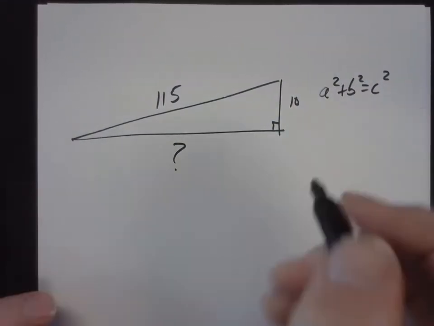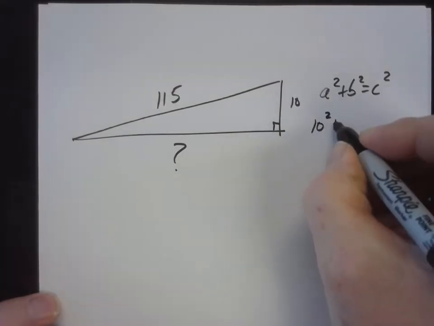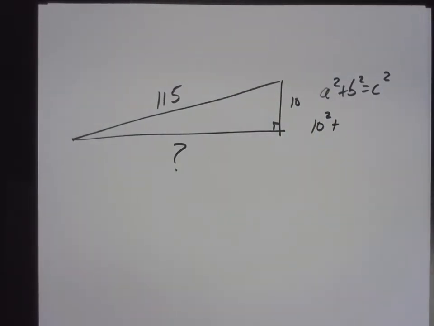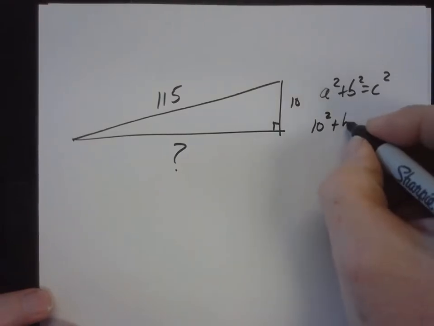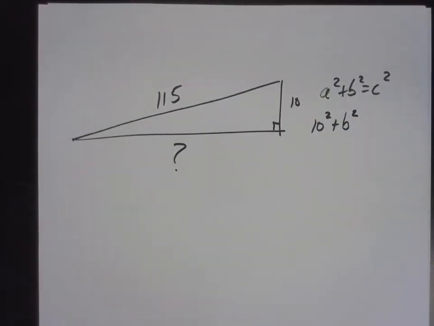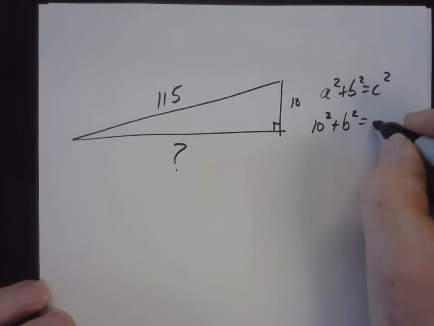You want it to be 10? Okay, 10 squared. Plus, what's b? That's the one we don't know. Does it matter which is a and which is b? You all understand that? You've done it before? Who's done that before? All right, good. And then c has to be 115, doesn't it?